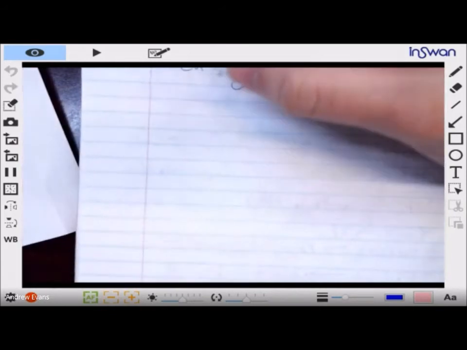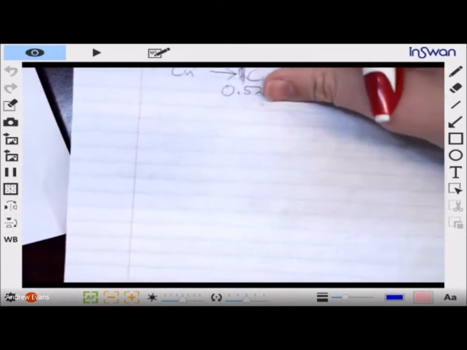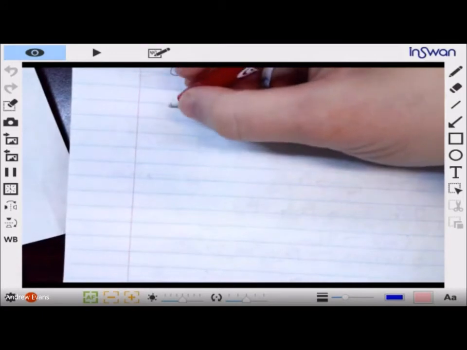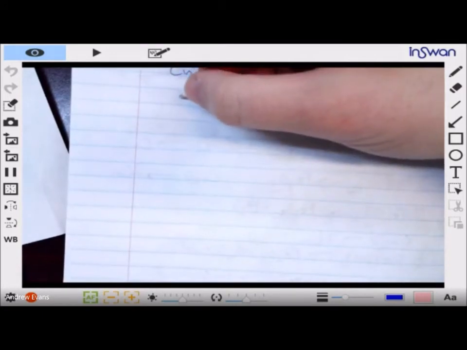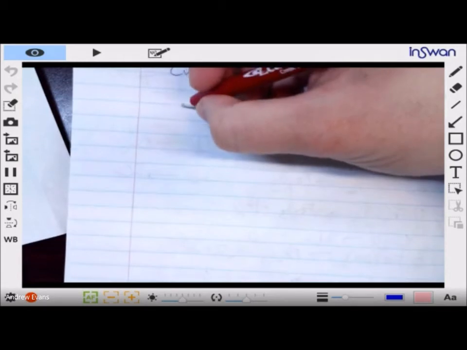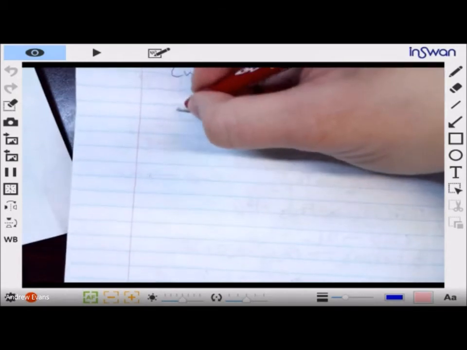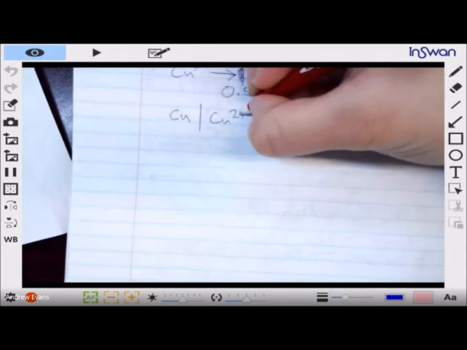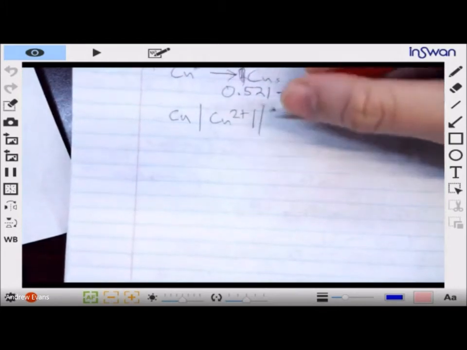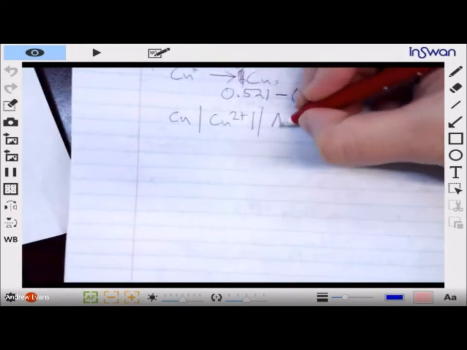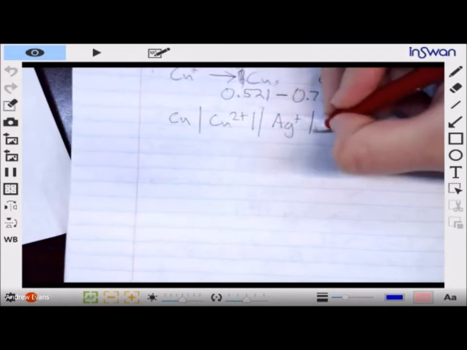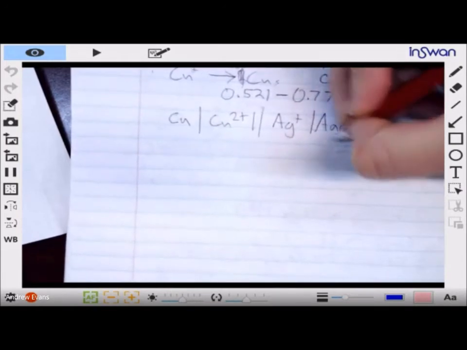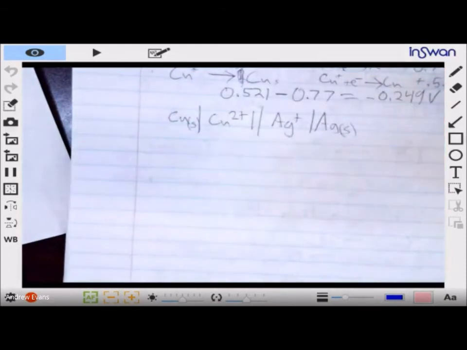If you're given this in cell notation, it's just as simple. If I have, for example, copper, Cu2+, and Ag+, Ag, the way you read this is from left to right.